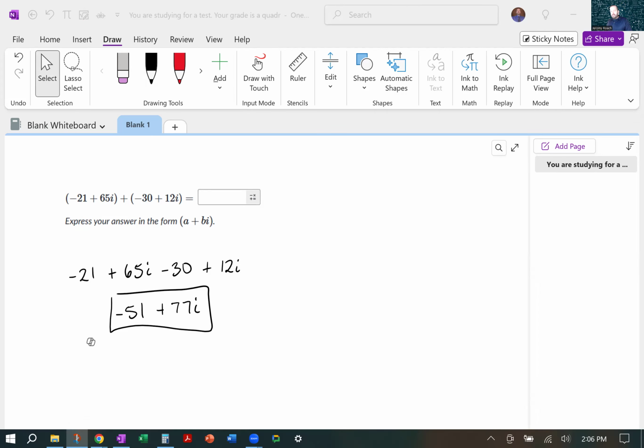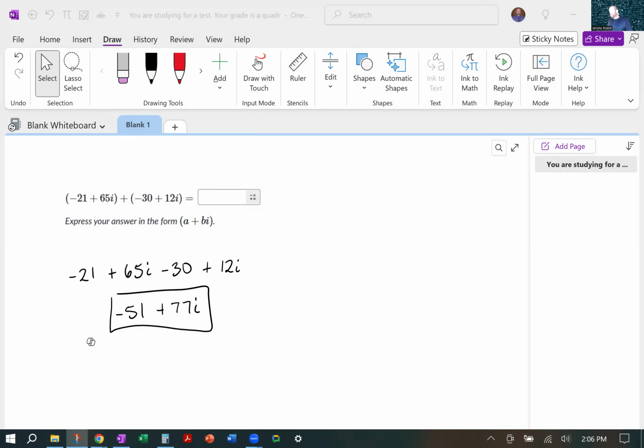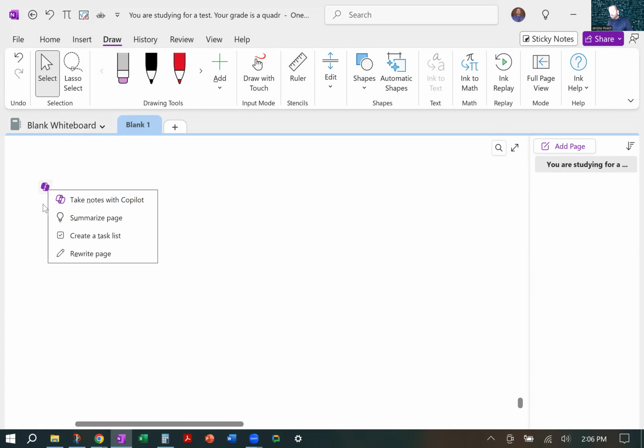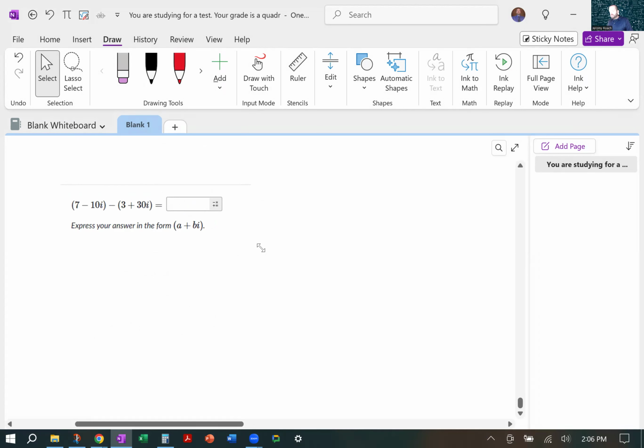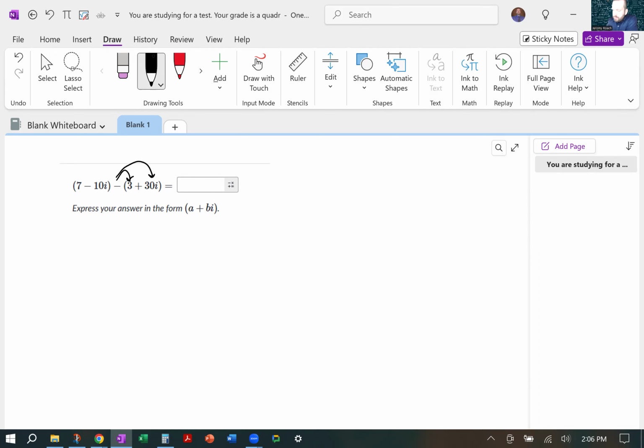That one might have seemed really easy. This is some review that has to do with complex numbers and some algebra that would probably be a good idea to review. When we have a negative outside the parentheses, that negative goes to both of these numbers. It goes there and it goes there.